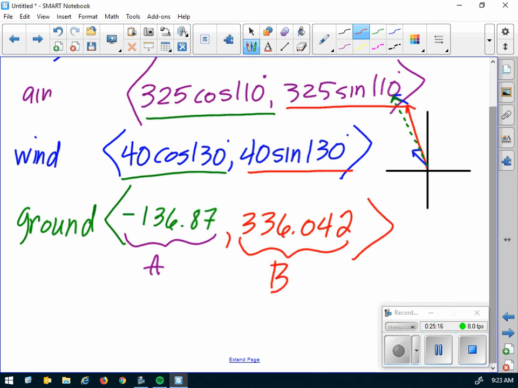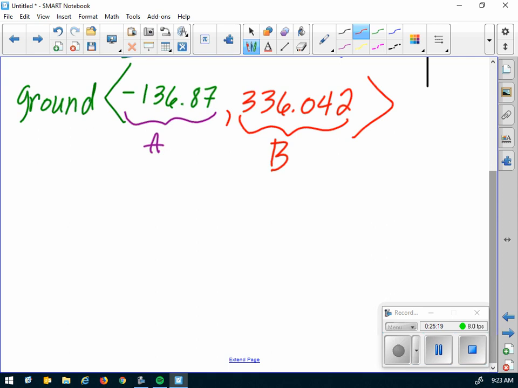Ladies and gentlemen, now we have the horizontal and vertical components. How do I find the speed? The Pythagorean theorem. All you're going to have to do on your calculator is this. That's all you have to do.